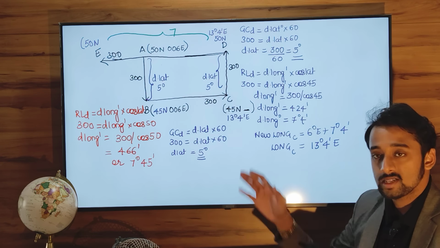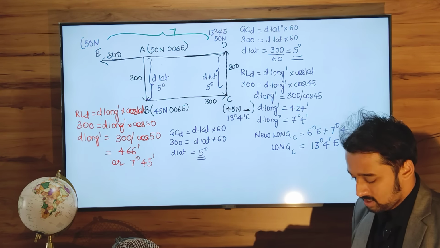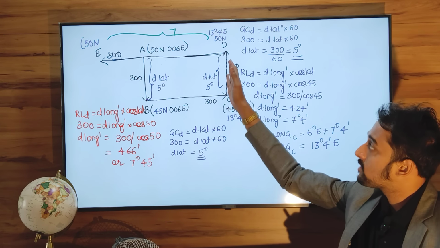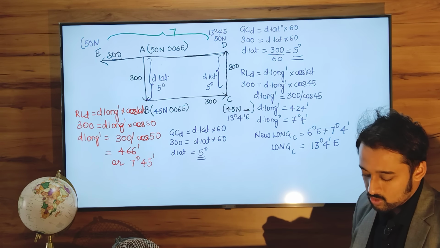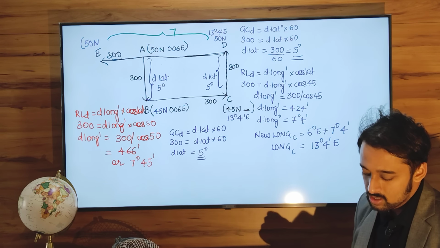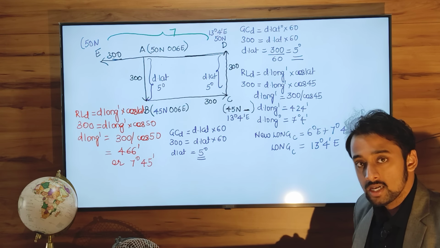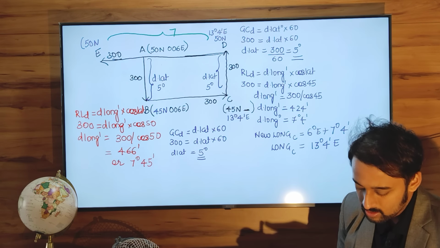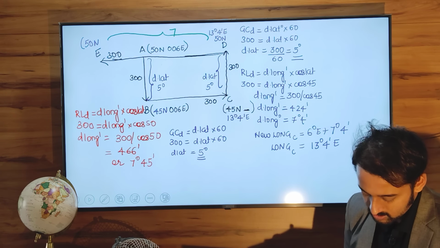So now when we go westerly direction, what happens to our longitudes? They decrease. Okay. So 13 will become 12, 11, 10, 9, and so on. So our new longitude will be 13 degree 4 minutes minus 7 degree 45 minutes.